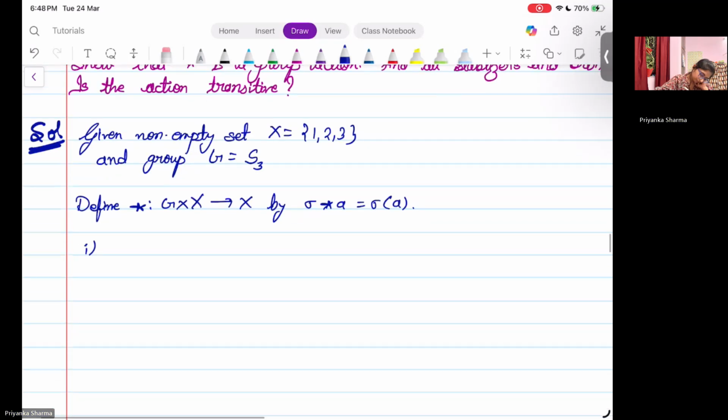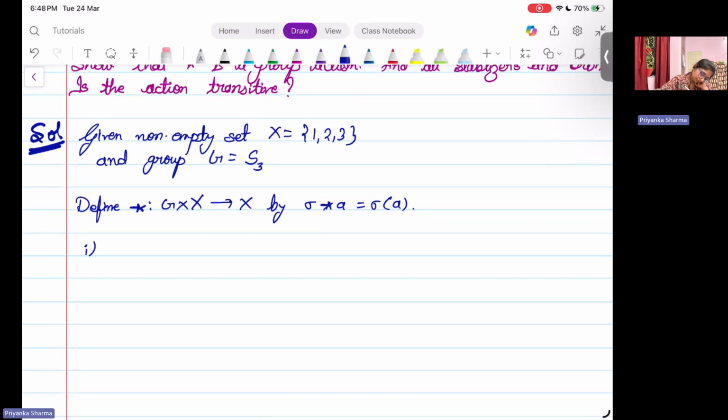So let's check the first condition. Identity star a. Actually, this identity is the identity of S3, that is the identity map.